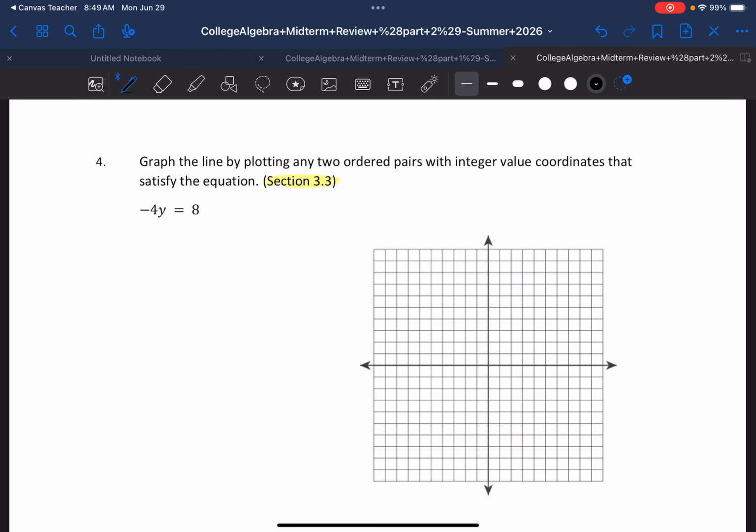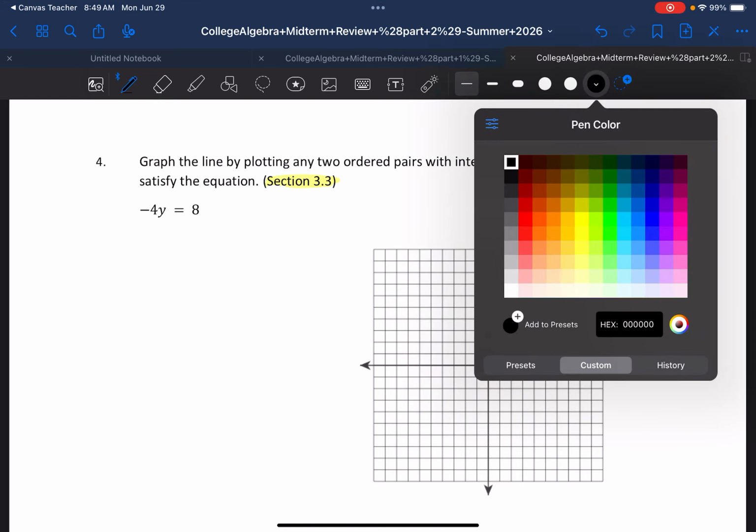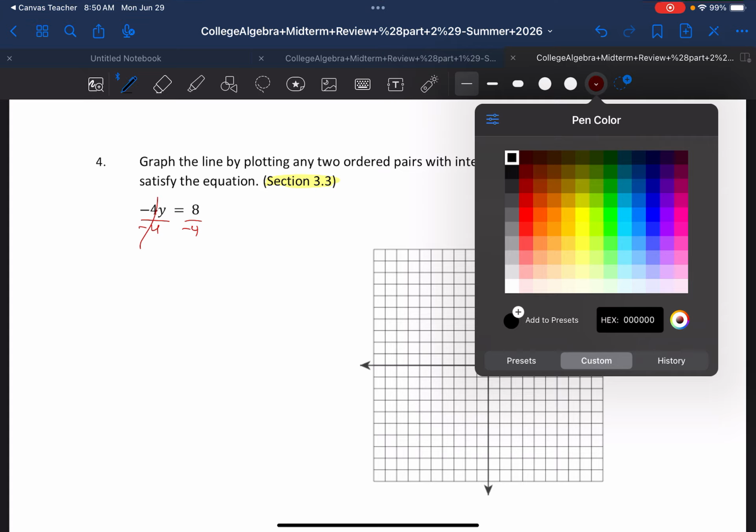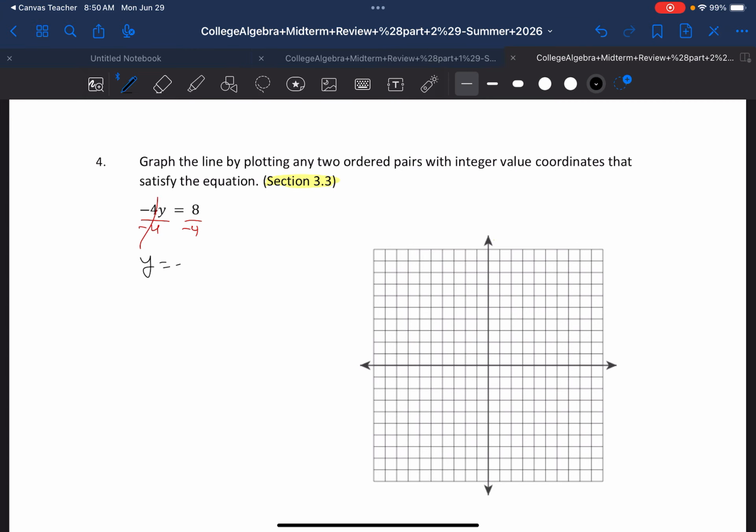So the best way to graph this is really to solve the equation for the variable. So if I divide both sides by negative 4, then y would be equal to negative 2.